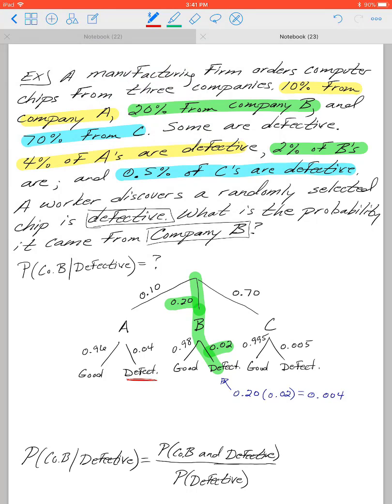So here we have this path. This is going to be 10% multiplied by 4%. And then we also have this one right here, this journey to defective, that looks like 70%. And we multiply by that 1.5%. Let's see what we get for those numbers.